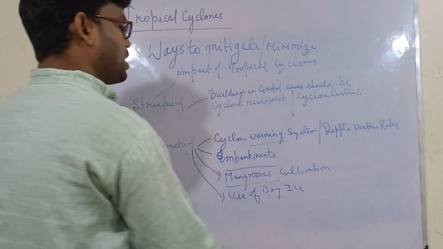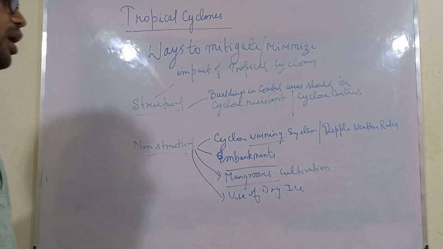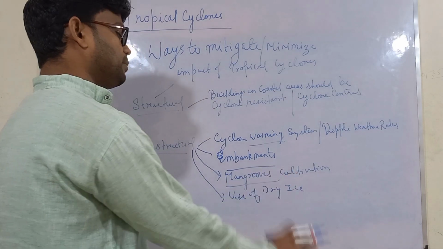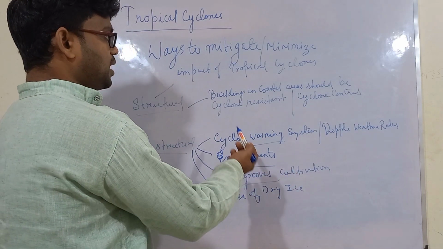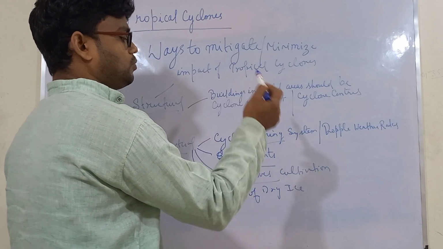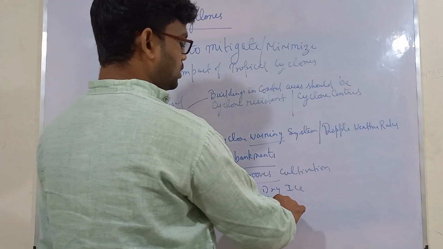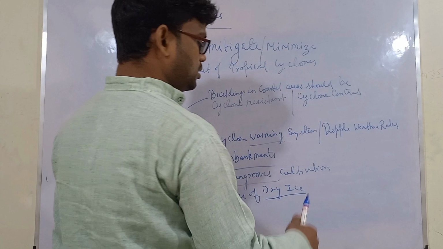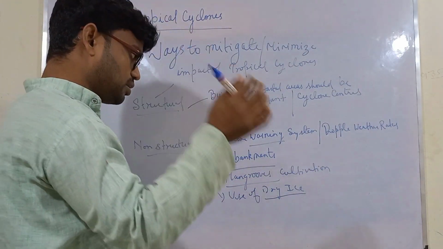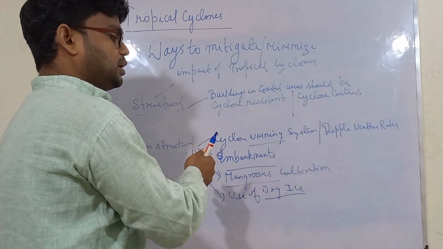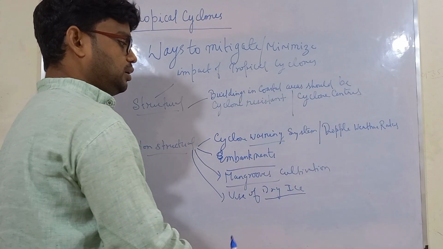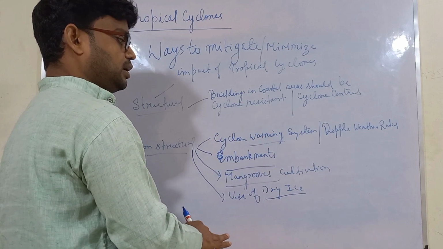Now we know that dry ice is used for cooling purposes. We know that tropical cyclones require a temperature of 27 degrees centigrade or more. So sometimes dry ice is spread in the oceans far away from the coastal regions, say 5 to 10 kilometers away, so that the ocean temperature in those regions gets much below 27 degrees centigrade.